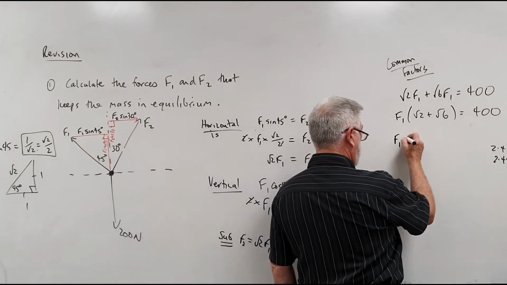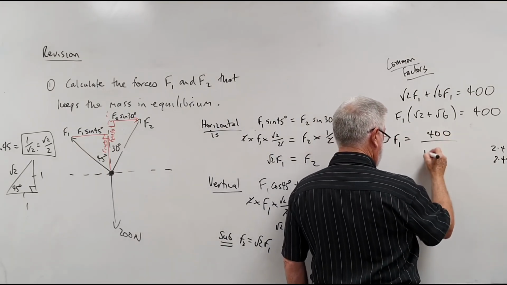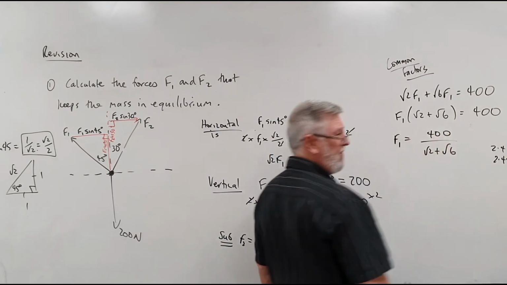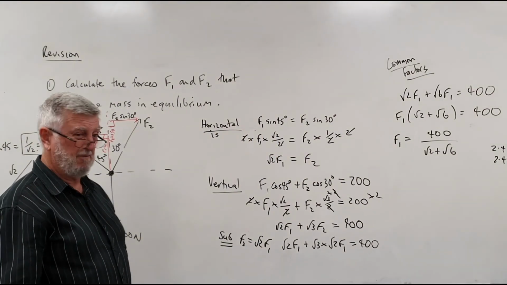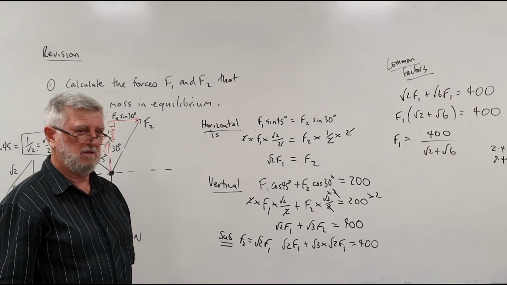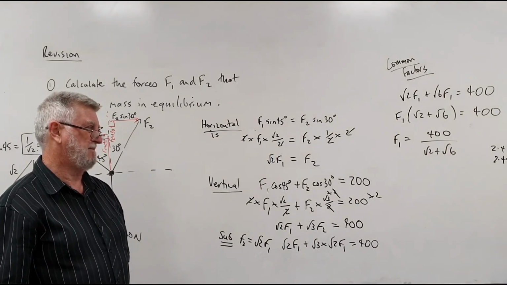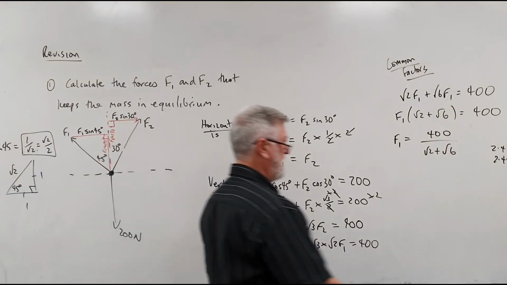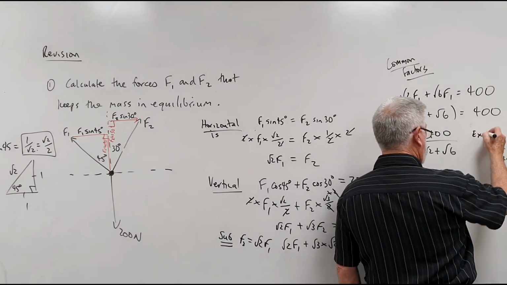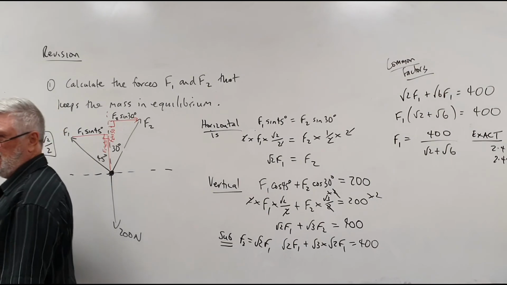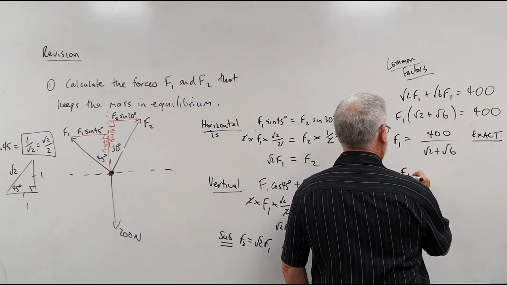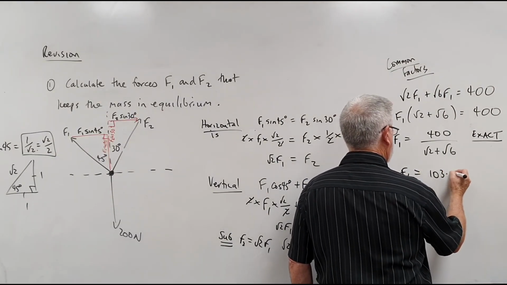So what have we got? F1 is 400 on root 2 plus root 6, and you need to simplify it. Old school, I want to rationalise the denominator again, but that's not actually in the course at that level. So there it is as an exact answer. And the moment you put it in your calculator, you're getting an approximate answer. 103.53.